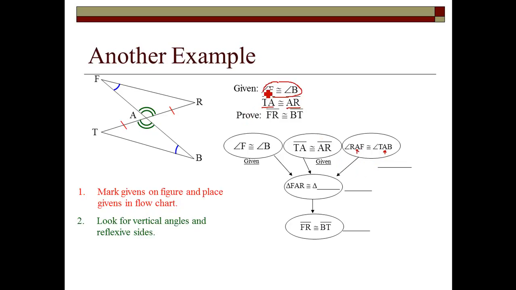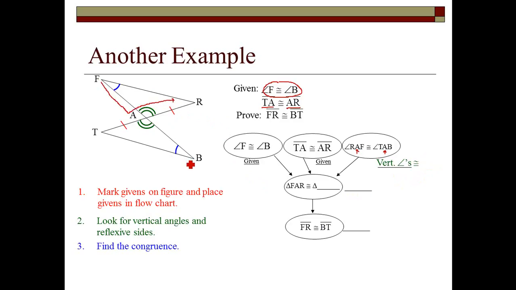And then what you should be writing is vertical angles are congruent. So you can abbreviate it in this kind of a format. Okay, now we're going to go to our congruency. So for our congruency, if we look at this, we have triangle FAR.